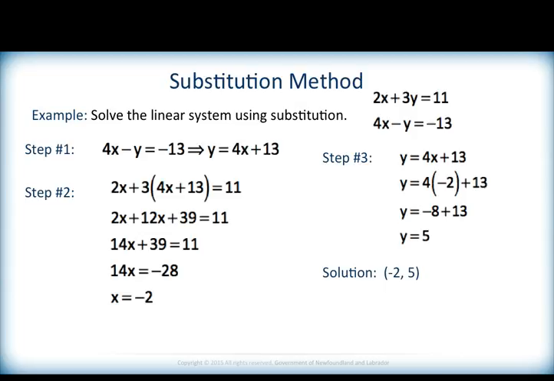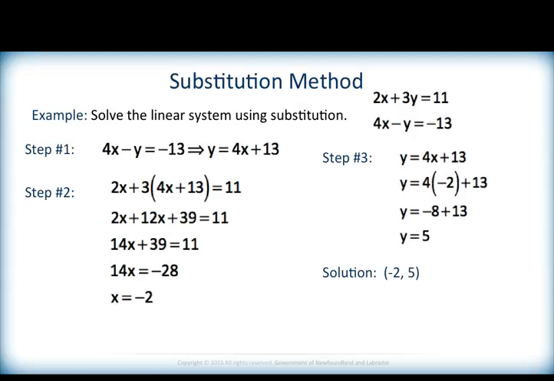So you have 2x plus 3, and inside that bracket, you're going to rewrite the equation that was equal to y, which was 4x plus 13, and all of that equals 11. So you're going to continue this process, and you're going to solve for x. And once you solve for x, we're going to get an answer of negative 2.